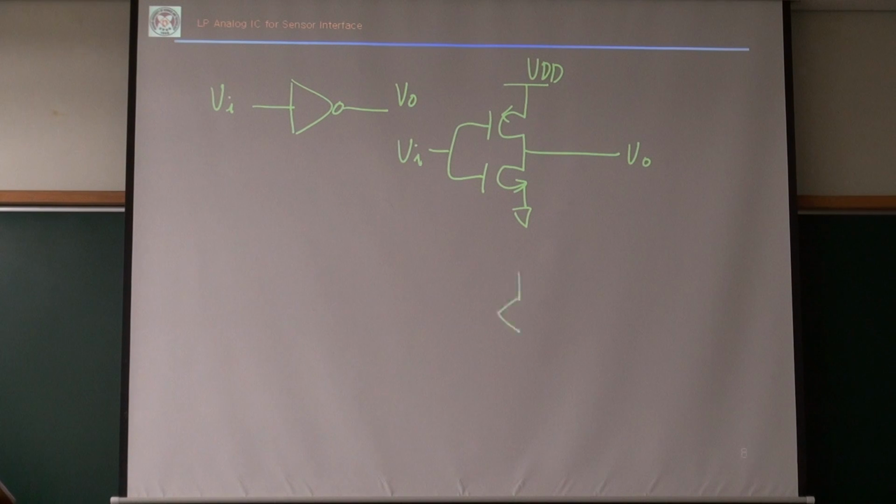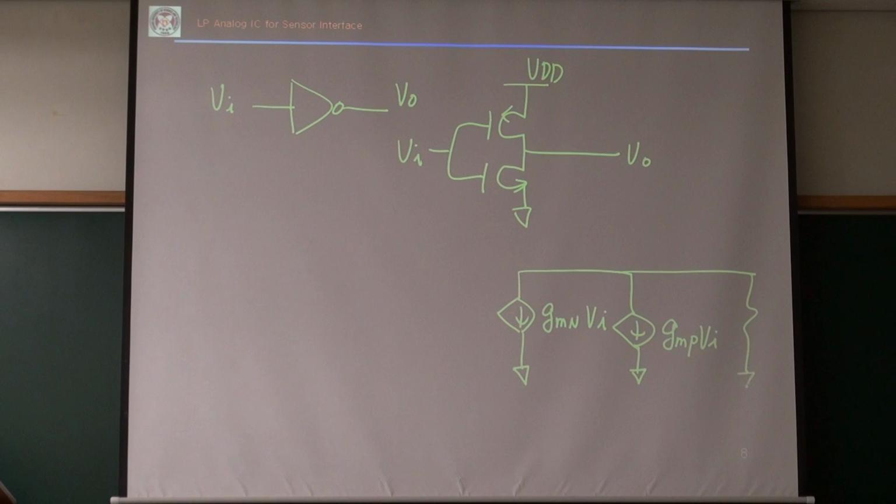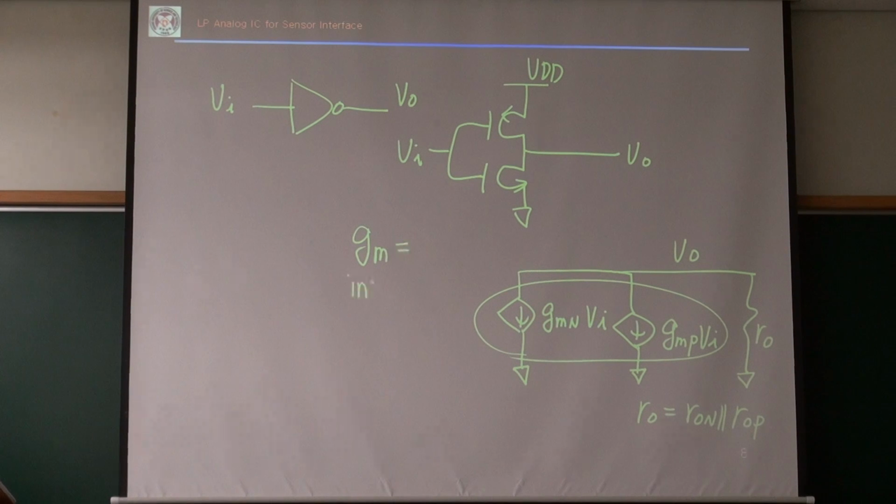As you stated correctly, this is gmN VI and gmP VI in the same direction. So I have some RO, which is RON parallel ROP, at my VO node. So the gm of the inverter is actually gm of the nMOS plus gm of the pMOS at the operating point. So no problem, just one gm.